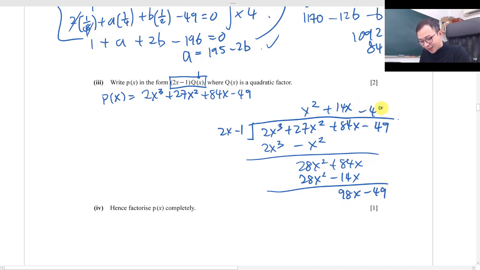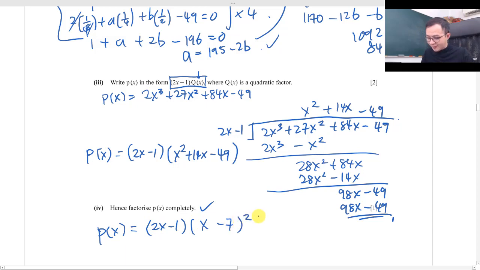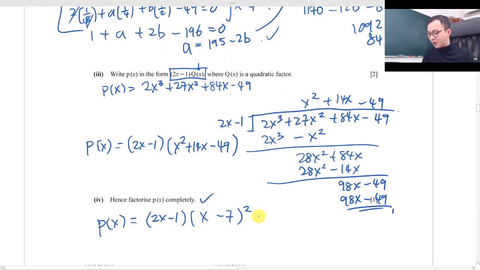So I minus 49, I get 98x minus 49. So this one is my q(x). The question asks px to be in this form, so my p(x) equals 2x minus 1 multiplied with x squared plus 14x minus 49. And then factorize completely, so I will just factorize one more time. So this one should be x minus 7 squared. Alright, should be quite easy.